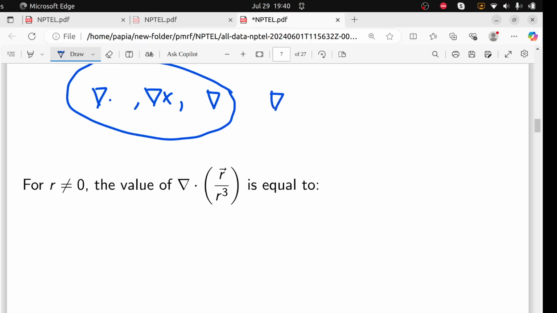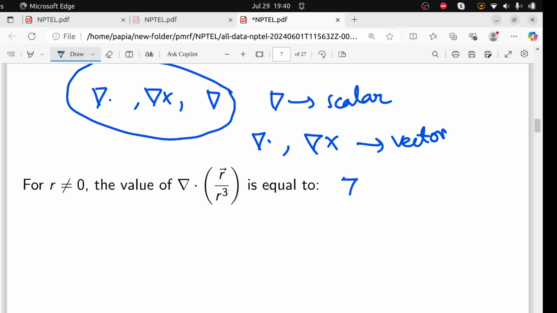I can tell you that gradient will be operated on a scalar, and divergence and curl will be operated on a vector. So grad of phi, where phi is a scalar, and let's say A is a vector. So grad will operate on a scalar and it will give a vector.